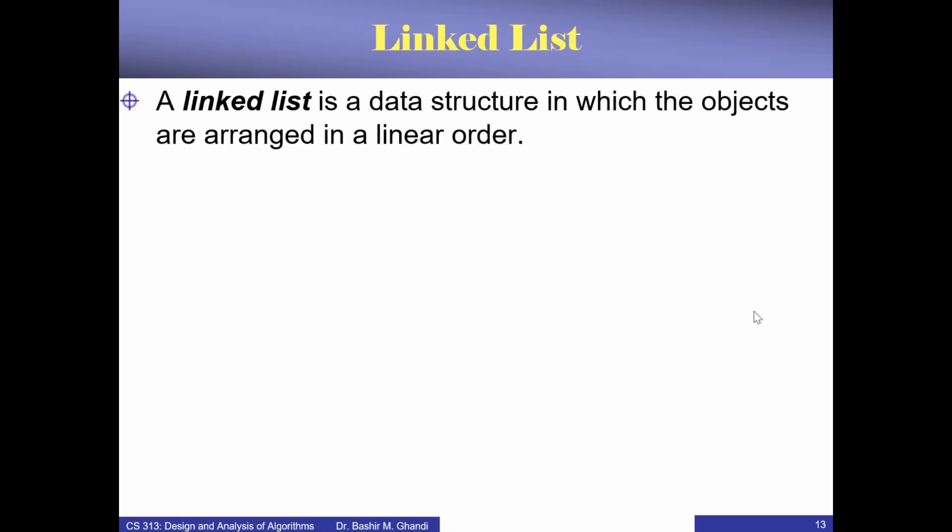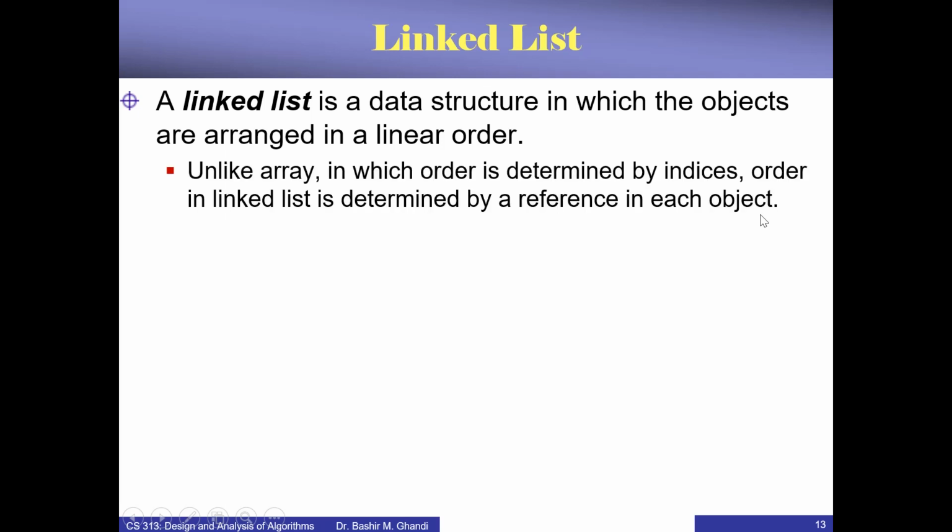Next data structure is the linked list. A linked list is a data structure in which the objects are arranged in a linear order, but unlike an array, in which order is determined by indices, here the order is determined by references.